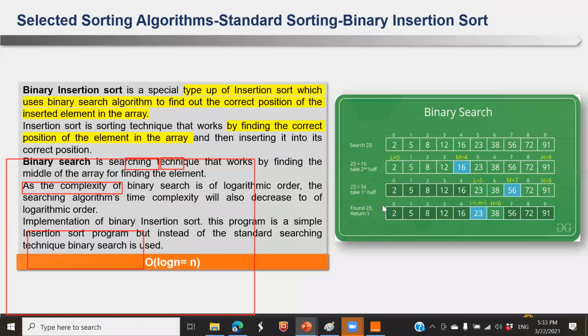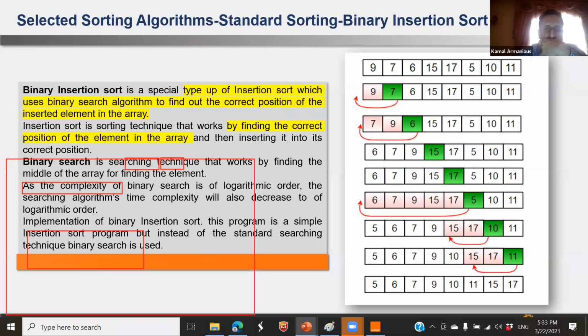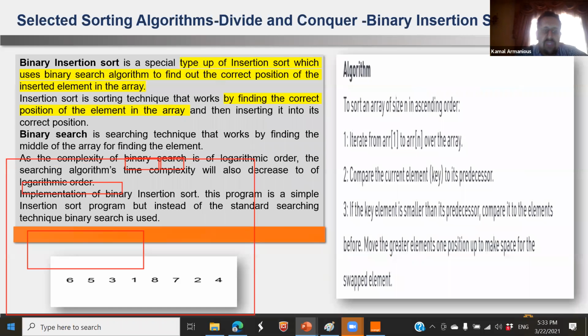So I'll explain the logic again. For each and every number, 6, 5, 3, 1, 8, 7, 2, 4, I compare the number with whoever is preceding it, and I simply put it at the right location.